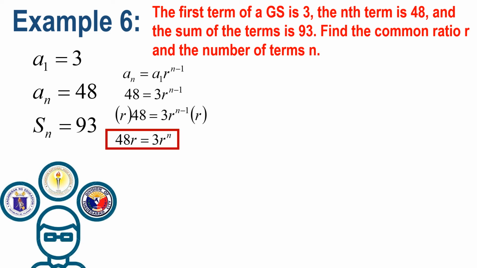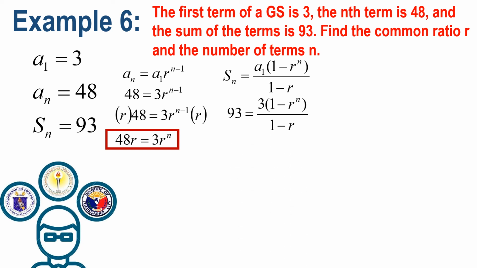We also know that the sum of the terms is 93. So from that, we can generate another equation using the formula S sub n is equal to a sub 1 times 1 minus r raised to the nth power all over 1 minus r. So we replace S sub n with 93 and a sub 1 with 3, giving us 93 equals 3 times 1 minus r raised to the nth power all over 1 minus r. And cross multiplying 1 minus r with 93 will give us 93 times 1 minus r is equal to 3 times 1 minus r raised to the nth power.